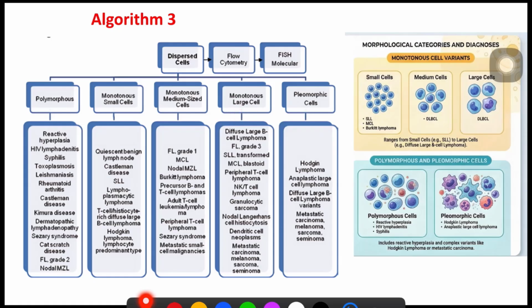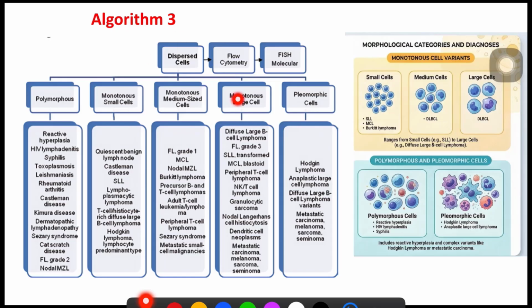This monotonous large cell, most common example is DLBCL, follicular grade 3, peripheral T cell lymphoma, granulocytic sarcoma, some nodal Langerhans cell histiocytosis, dendritic cell neoplasm or some metastatic carcinoma.